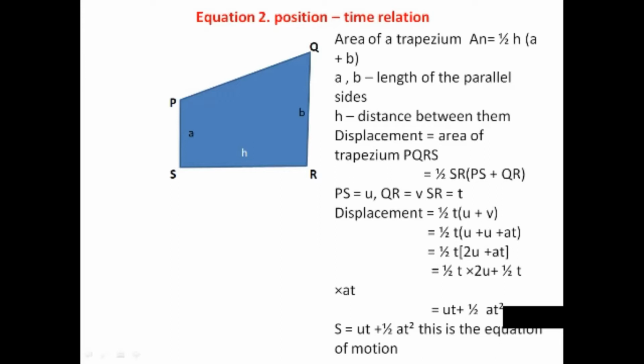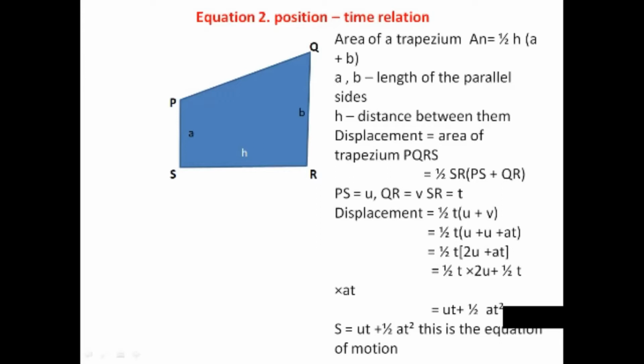The area of a trapezium is equal to half h into a plus b.